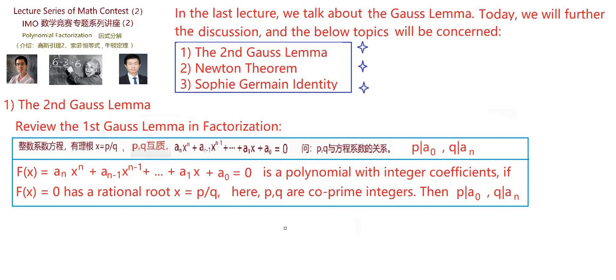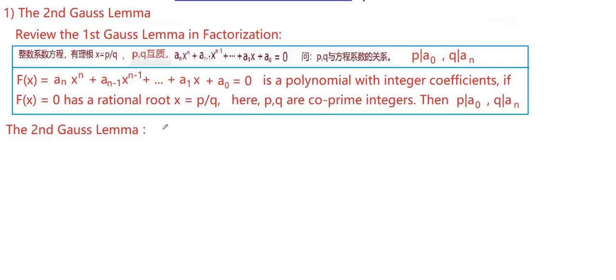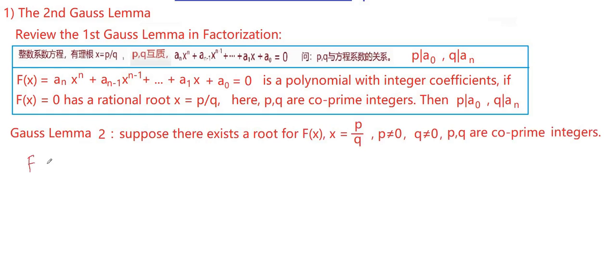Here p and q are co-prime integers, and then we must have p divides a0 and q divides an. Suppose there exists a root x equal to p divided by q, with p not equal to 0, p and q integers. Then we have f(x) equal to (x minus p/q) multiplied by g(x). Here, g(x) is also a polynomial with integer coefficients.